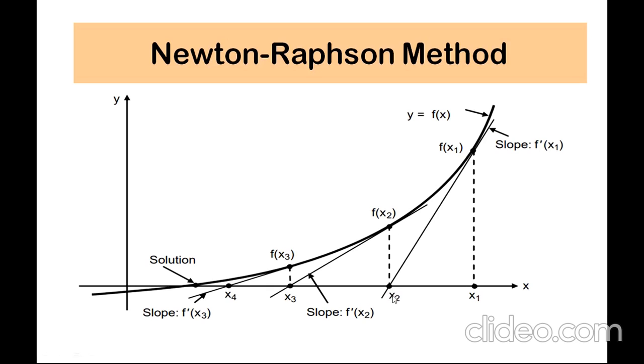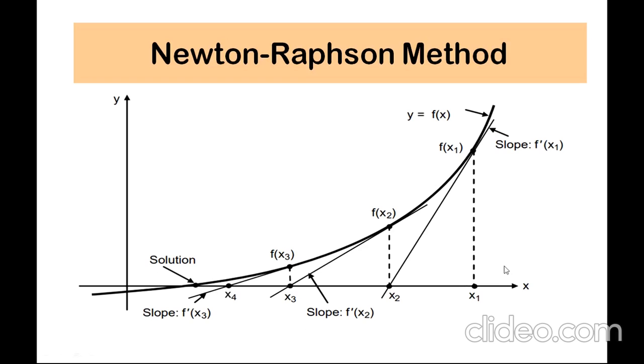Then x2 is the next iteration solution. After projecting the point on the curve, we will get f of x2. From f of x2, again if you plot the tangent, then you will get the point x3. After x3 you will get x4, and after x4 you will get the solution.